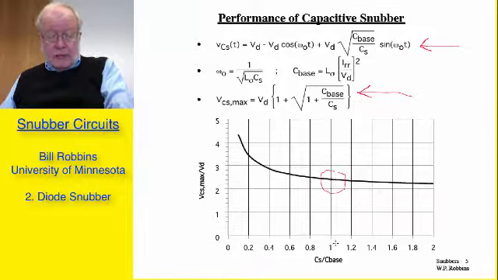Further increases in the capacitance value above C base are not going to reduce the voltage by very much, and so often we use the capacitor set equal to C base as our design criteria for sizing the capacitor.